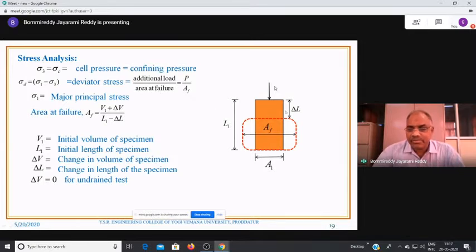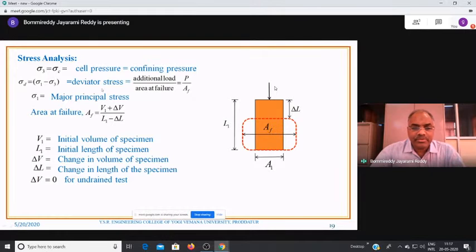So what is going to happen in the soil specimen? We are applying cell pressure to the soil, and then we apply normal load, and it is going to fail at a certain level. At that time, the area of the soil specimen is AF.